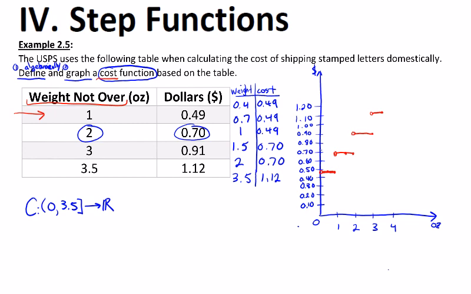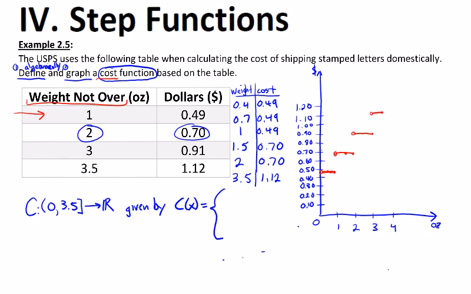This is just a standard convention when we write it. And this will be given by, and now we have to write the equation. So the equation is going to be called C of x. But C of x will need to be written as a piecewise function.